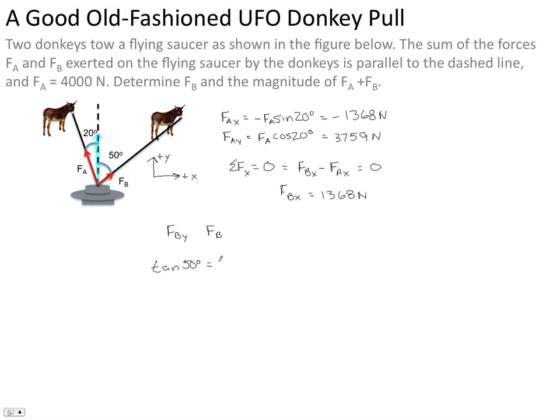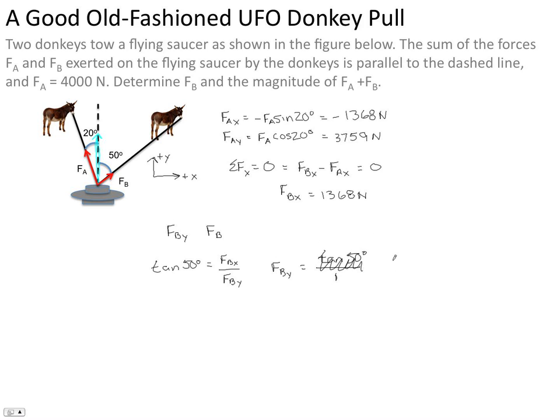The component of Fb opposite the angle would be Fbx, and the component of Fb that's adjacent to the angle is Fby.